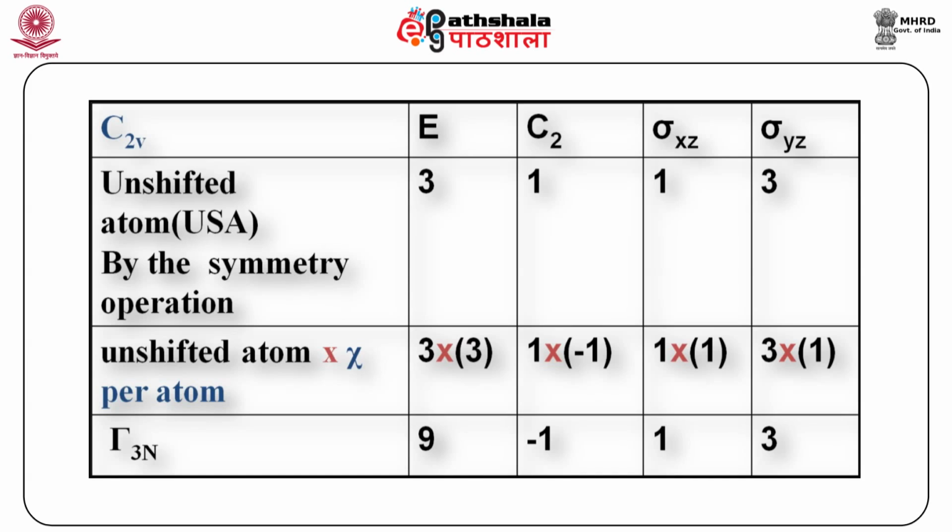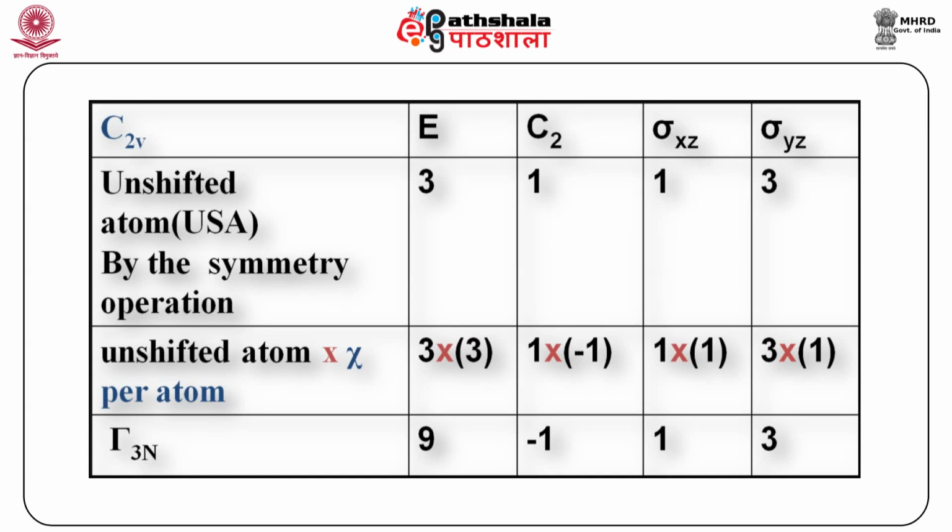Only one atom is unshifted. I multiply with minus 1 because the character for C2, when I take 3 vectors as the basis, is minus 1. So 1 into minus 1. For sigma xz, the unshifted atom is 1, and the character for sigma xz when I take 3n vectors as the basis is plus 1. So 1 into plus 1.